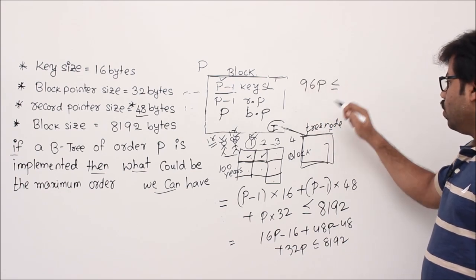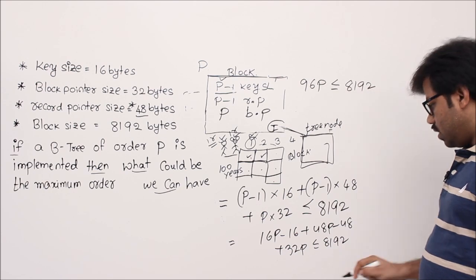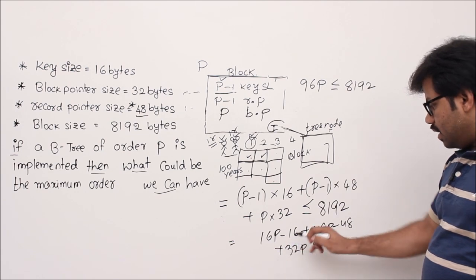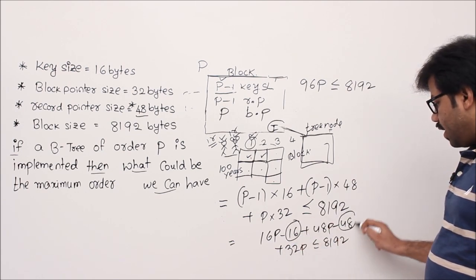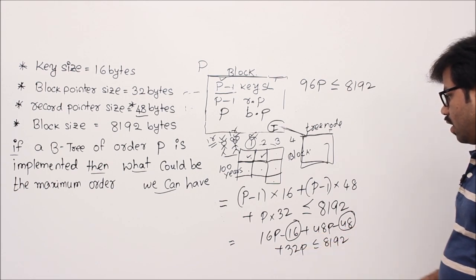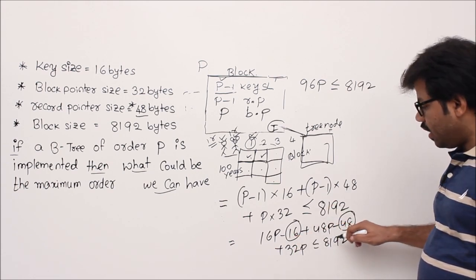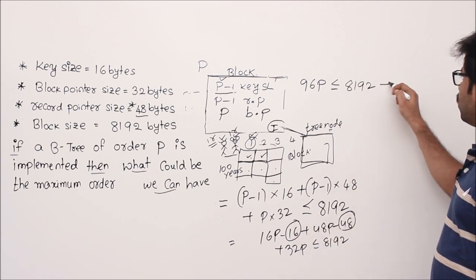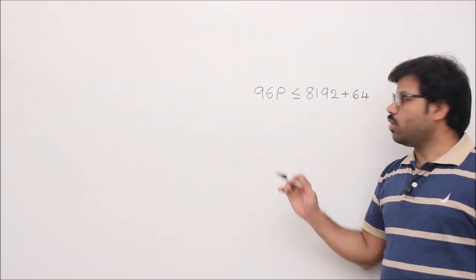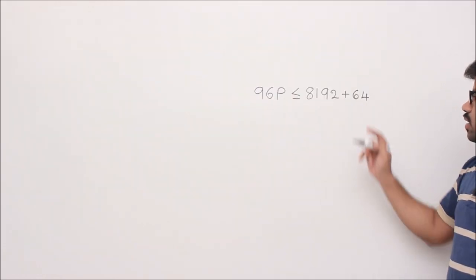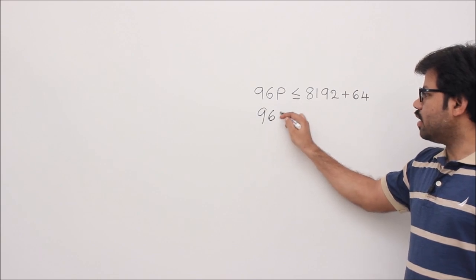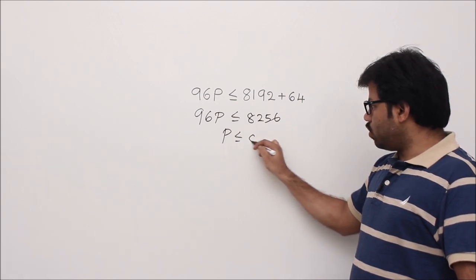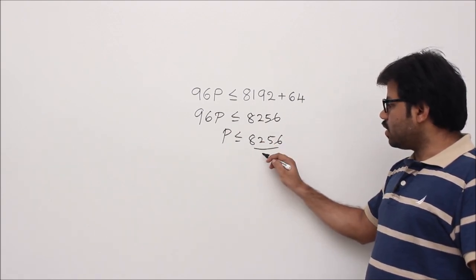So 96p, minus 16, minus 48, which is minus 64, goes to the other side and becomes plus 64. Now you get 96p less than or equal to 8192 plus 64. If you simplify it, you get 96p less than or equal to 8256. Then p less than or equal to 8256 by 96.